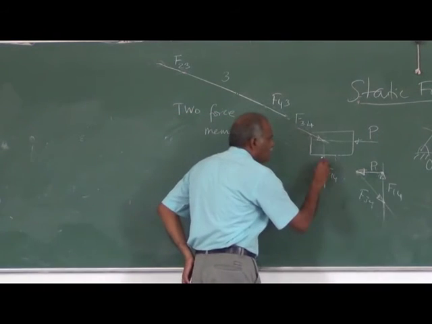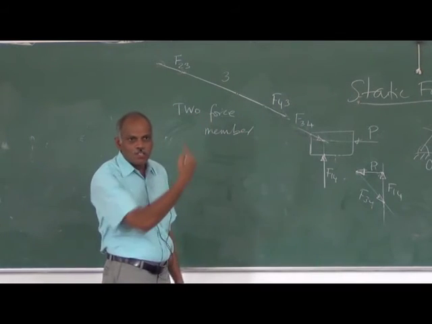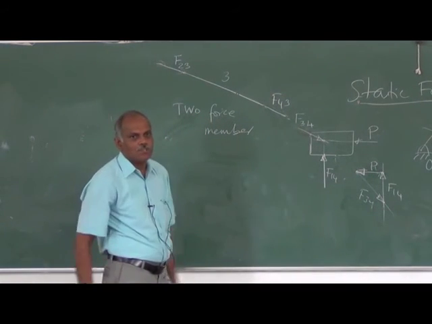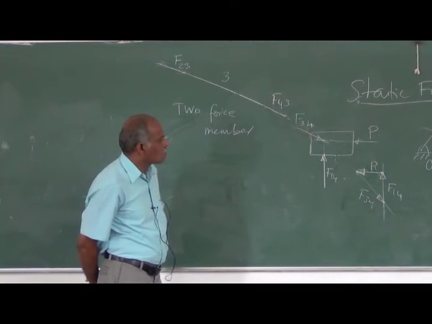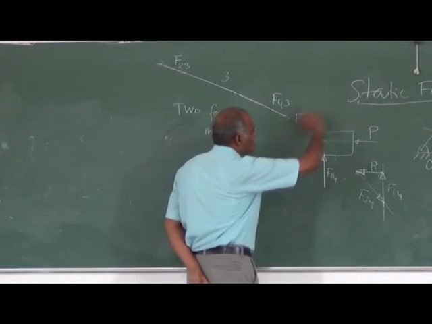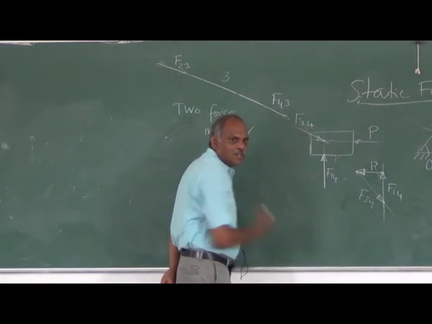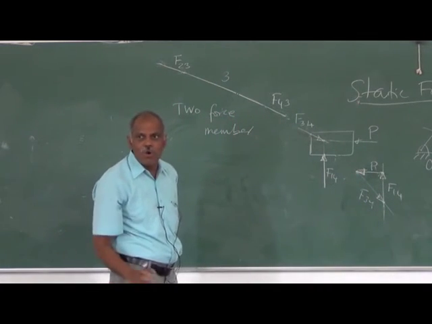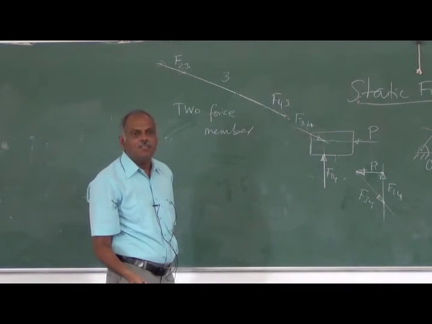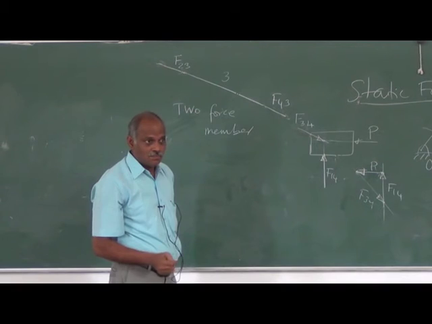Then F14 is acting like this, acting upwards, the reaction from that is coming upwards. Okay, so now this particular thing is complete. Do you have any doubt? I have completed it, not on my own, I have completed it using all the principles of engineering mechanics.